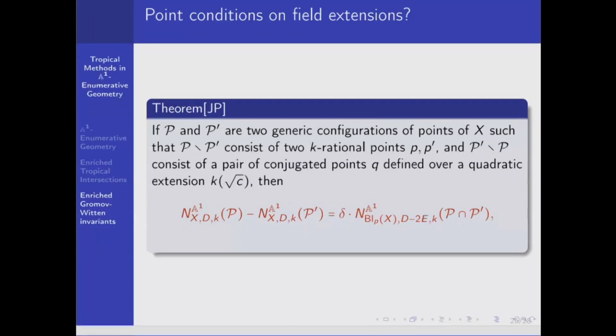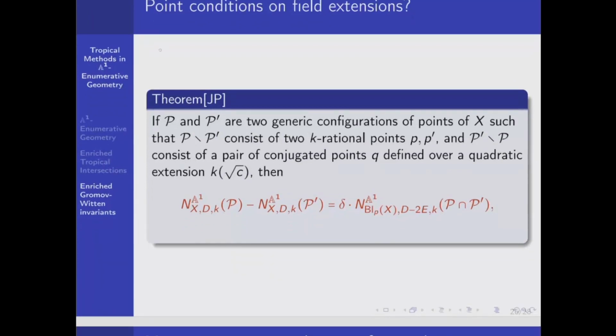So as an example of that, let's say W_{3,d}, the number of rational curves now passing through a configuration of, let's say, t plus 2s, this is equal to 3d minus 1, so this is t real points and s pairs of complex conjugated points.